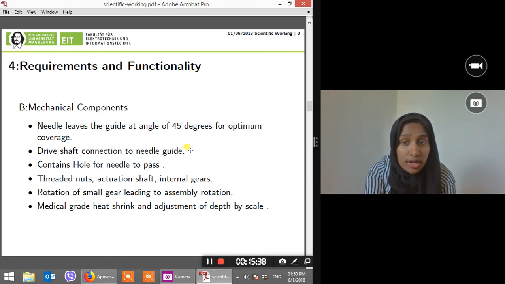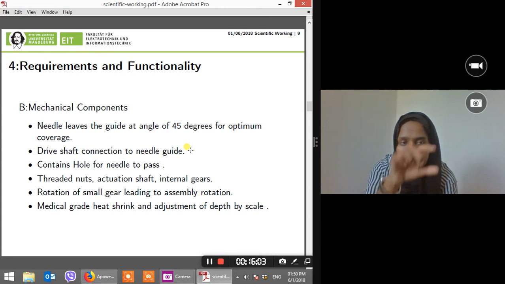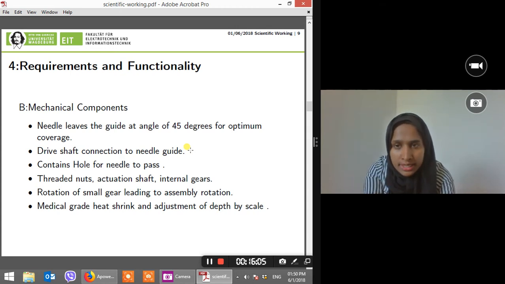The drive shaft is connected to the needle guide, as I explained in the photo; I will be explaining the positional stage later, with a proper briefing about that. The needle shaft rotates, which is connected to the needle guide. And the needle guide has a hole in which the needle enters and exits the body, as we have seen in the assembly of the manipulator.